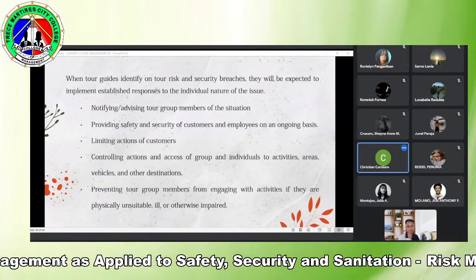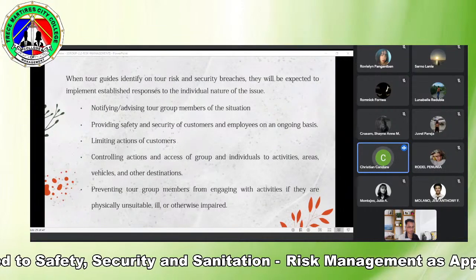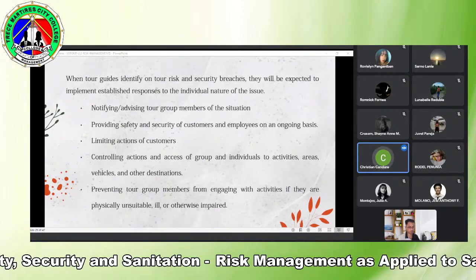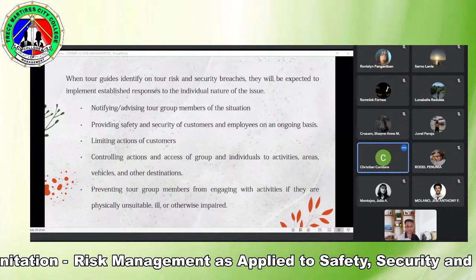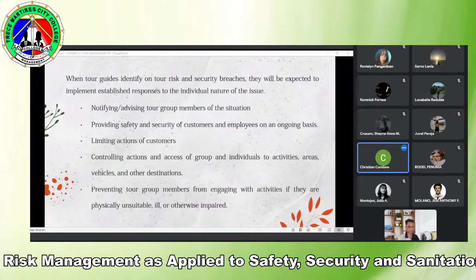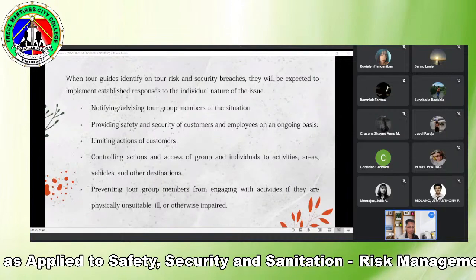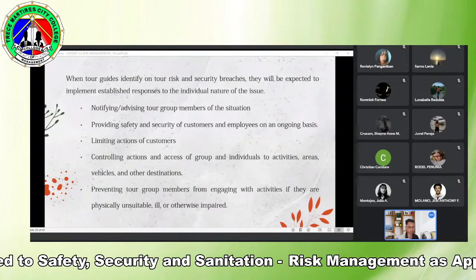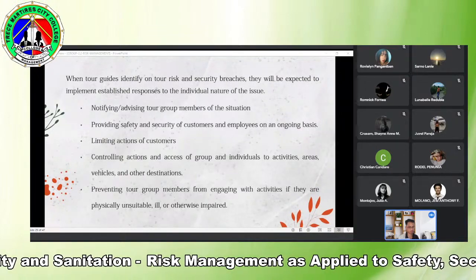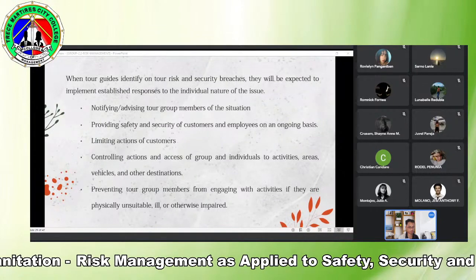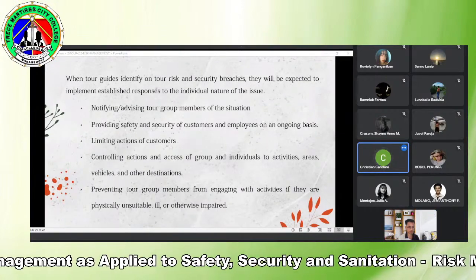Next is controlling actions and access of group and individuals to activities, areas, vehicles, and destination. For example, one of the members has asthma.